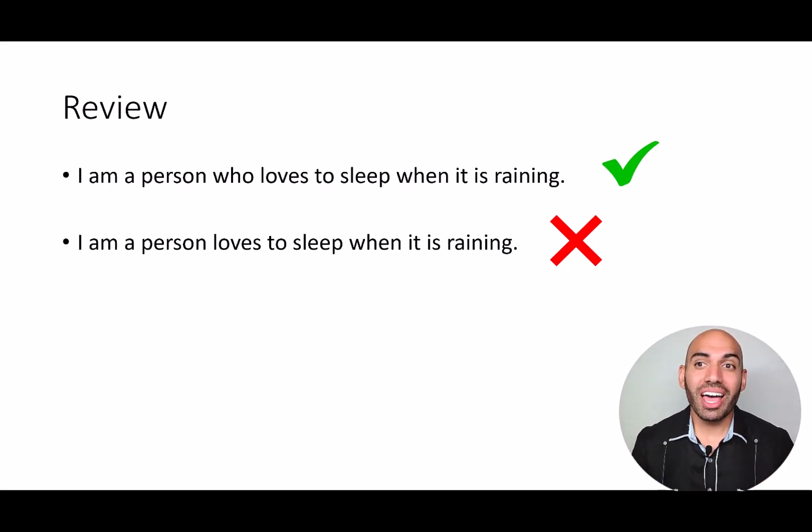The first one is good. I use the word who. I am talking about me. No problem. After the word who, I have a verb, loves. No new subject. For this reason, I need the word who in this sentence. First one good, second one bad.